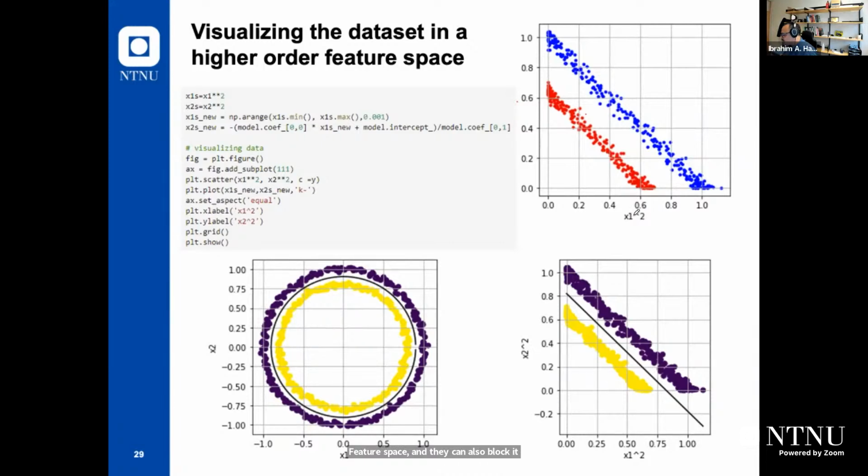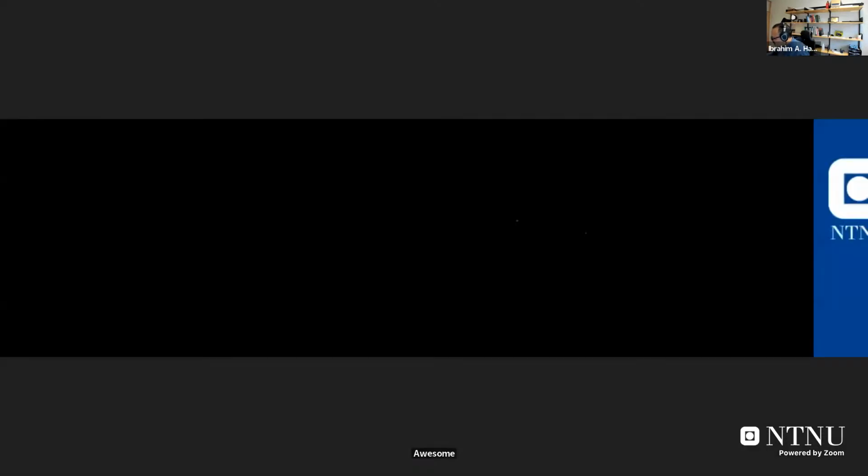Because in fact, our model shows the data like this one, because we used x1 square and x2 square here, right? So if you want to plot your data against x1 square and x2 square, it will look like this one, which is very easy. And in fact, when we use the perceptron, we just try to generate this beautiful line here, right? Oh, sorry. So we got this line.